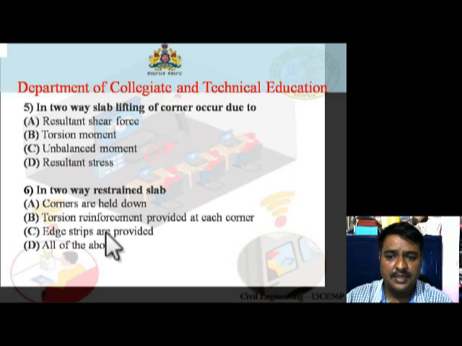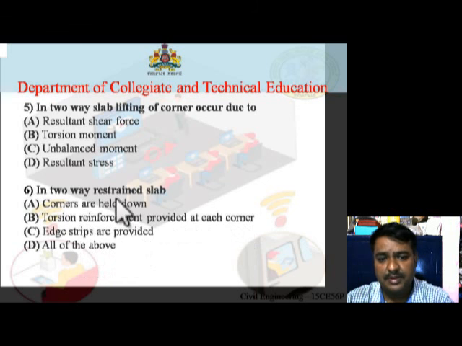Then sixth one, in two-way restrained slab, the corners are held down, torsion reinforcement is provided at each corner, edge strips are provided, and all the above. So they have given 4 options.